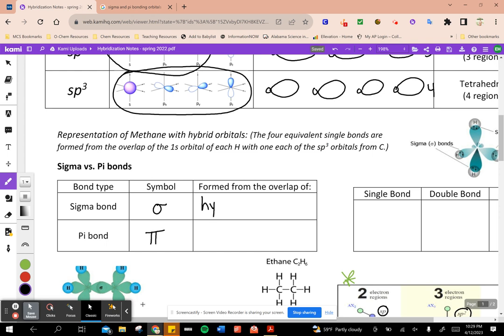A sigma bond is formed from the overlap of those new hybrid orbitals, the ones we just drew that look a little bit like an s and a little bit like a p. And our pi bonds are formed from the overlap of those remaining unhybridized p orbitals. Those are the ones that were not blended with anything and that look like that.